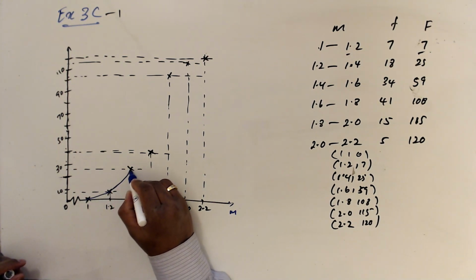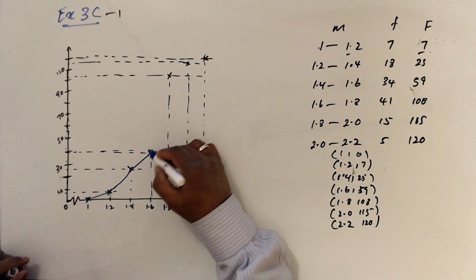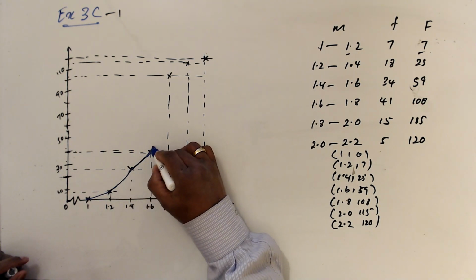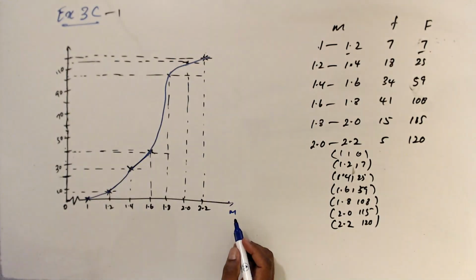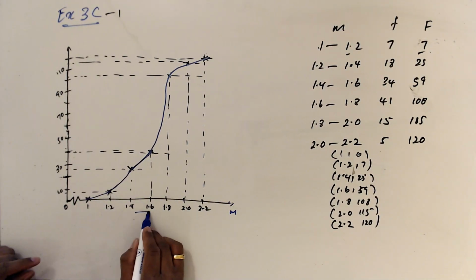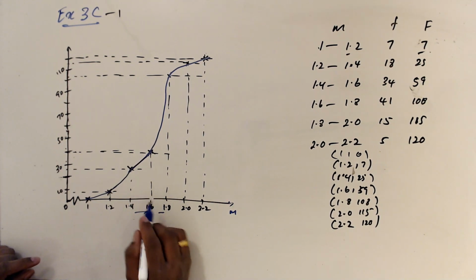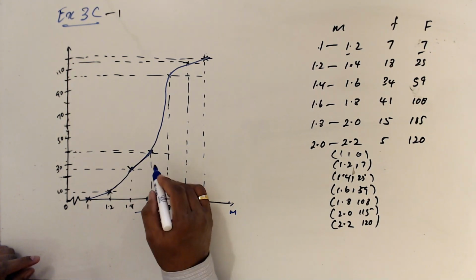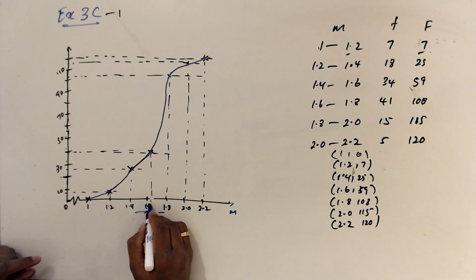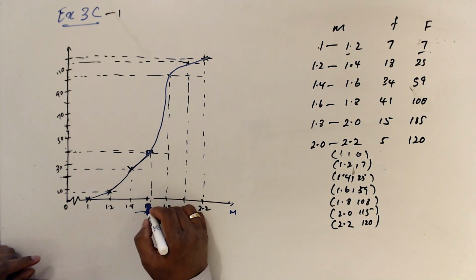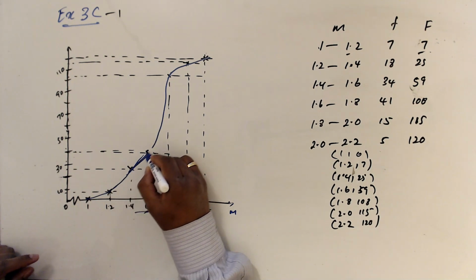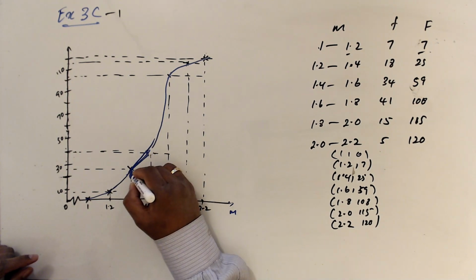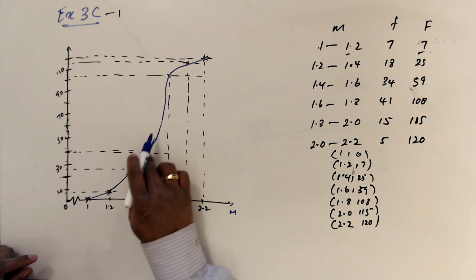It should be a smooth curve. I feel that this length is not accurate. It has to be somewhere here, then 1.6, and then this is the point. Yes, something like this.